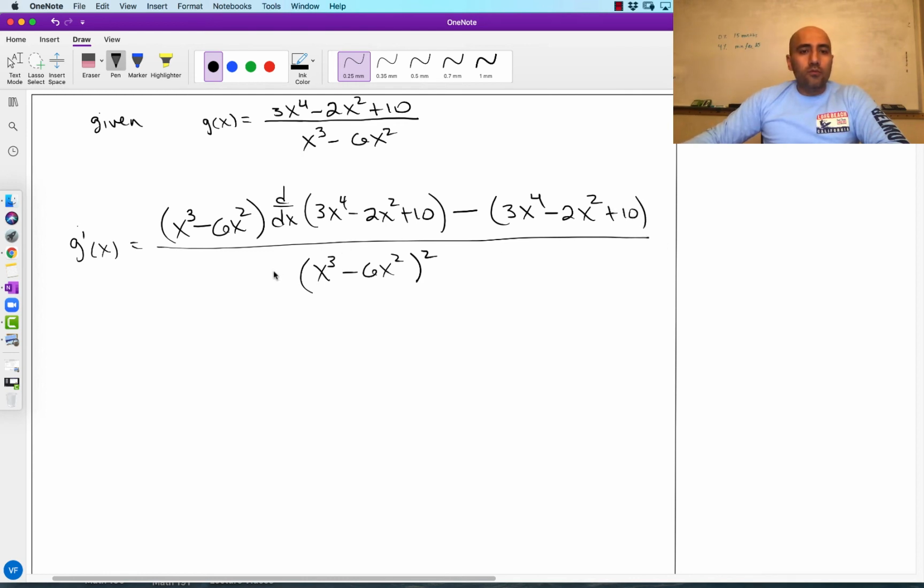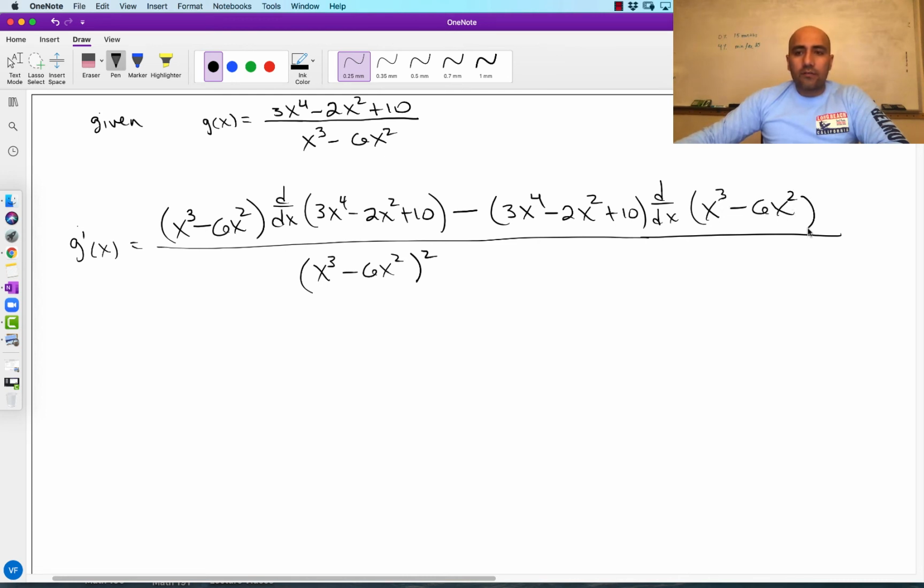So low d high minus high d low. Now that's all that's left: the derivative of x cubed minus 6x squared.